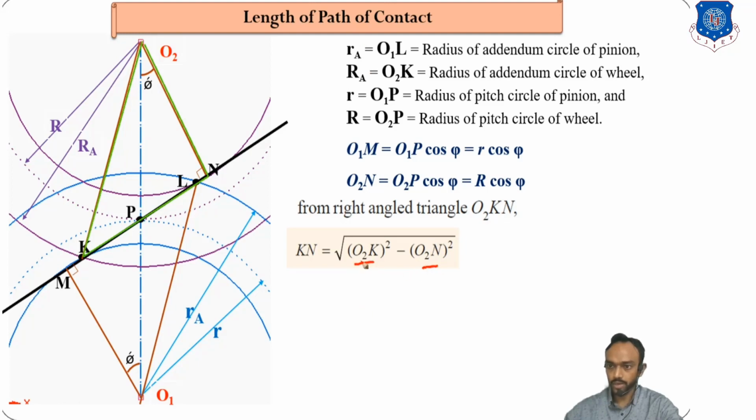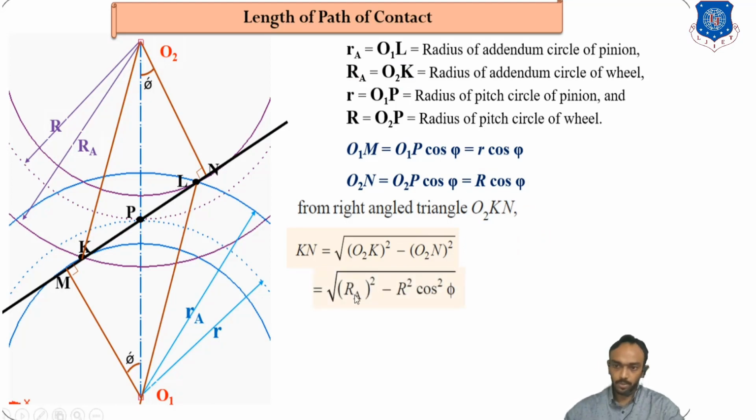O2K is equal to capital RA, you already know that, and O2N is equal to, as you already know, capital R cos phi. So that's how you will put these values in the relation, square root of capital RA square minus capital R square cos square phi, and then you will find this PN.